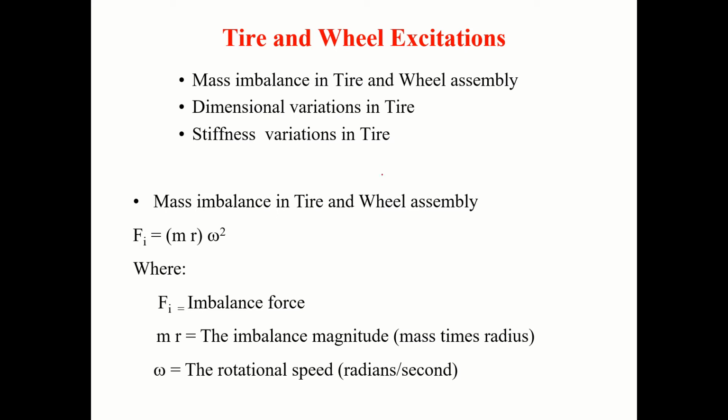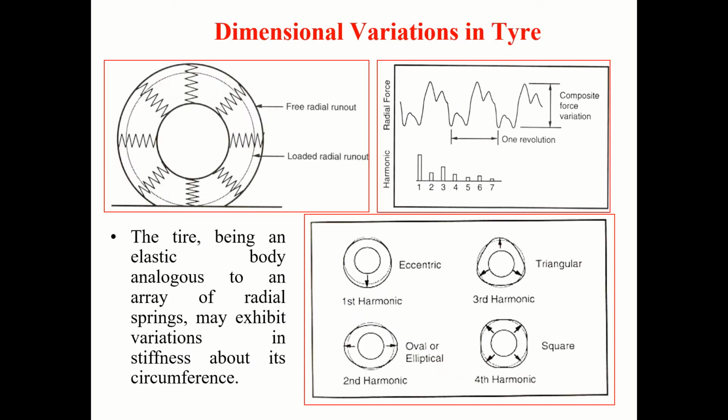So that is from the road excitation. You also have excitation coming from the tire and wheel assembly. Suppose you have a tire with an imbalance force, m r omega square, where m is the imbalance mass, r is the radius, and omega is the angular speed in radians per second.